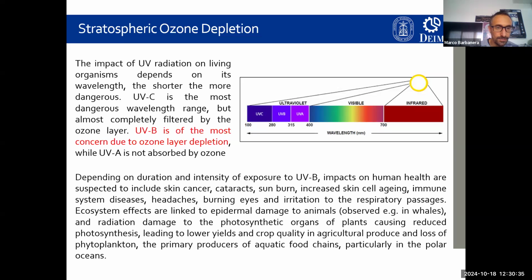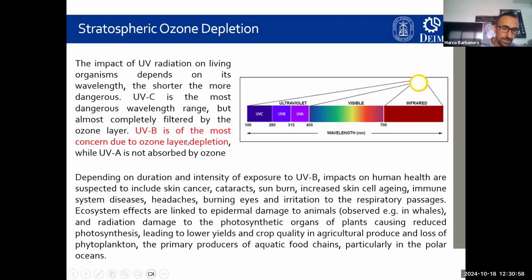Ultraviolet can be divided into three other classes: UVC, UVB, and UVA. In particular, UVB is of the most concern due to ozone layer depletion.